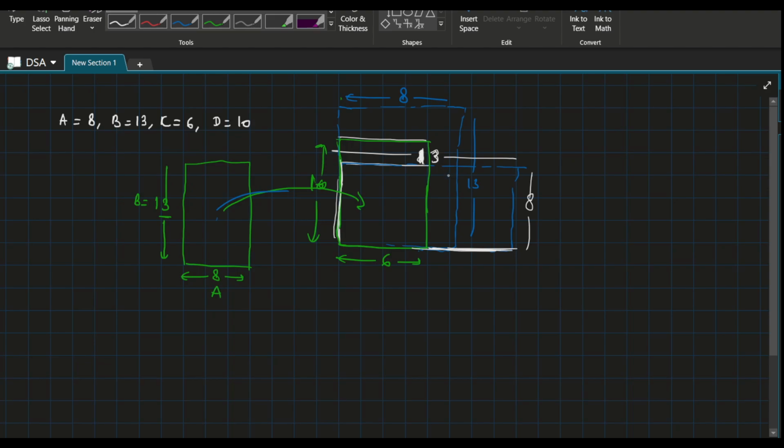If we fold our carpet in half, it will look something like this. Our box was of size 6 into 13, and if we put the carpet by folding it in half, it will look something like this.